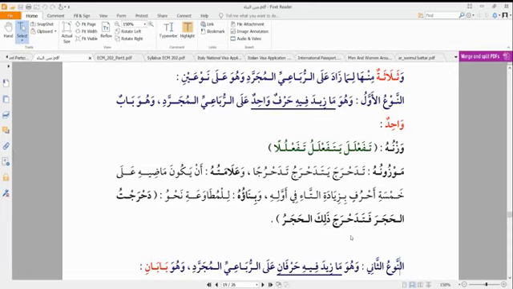Tafa'lala yatafa'lalu tafa'lulan. This is one of the khumasi awzan that starts with a ta. Its wazn is tadahroja yatadahroju tadahrujan. You can see that we just added a ta to the dahroja shape, and it becomes a khumasi. Wa alamatuhu an yakuna madihi ala khamsati ahrufin bi ziyadati ta'in fi awwalihi.